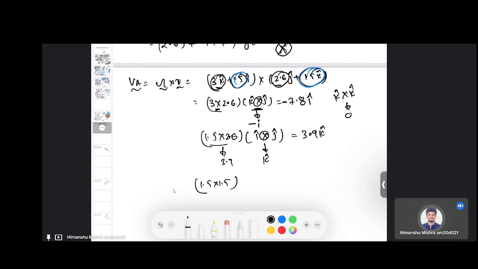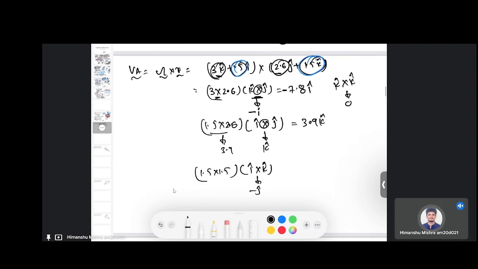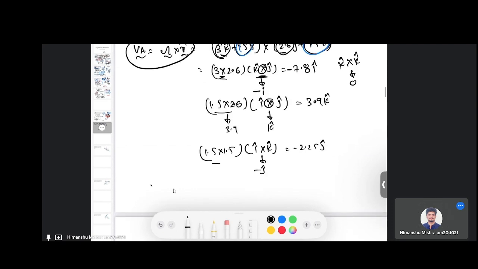So 1.5 into 1.5, i cross k. So this will give me minus j, and this will give me 2.25. So it's minus 2.25 j. So this quantity will become minus 7.8 i minus 2.25 j plus 3.9 k feet per second. So this is my velocity at point A.